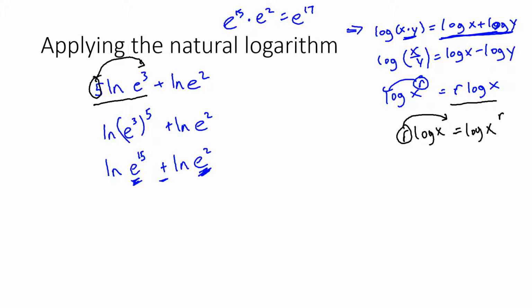So this is all equal to the natural log of e to the 17th. But if we apply our inverse property for logarithms, then we know this is basically just 17. It's basically what we just said before. The natural log of e to the x, no matter what x is, is just going to be x.